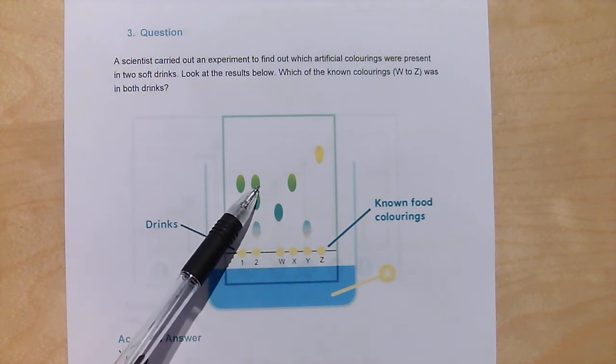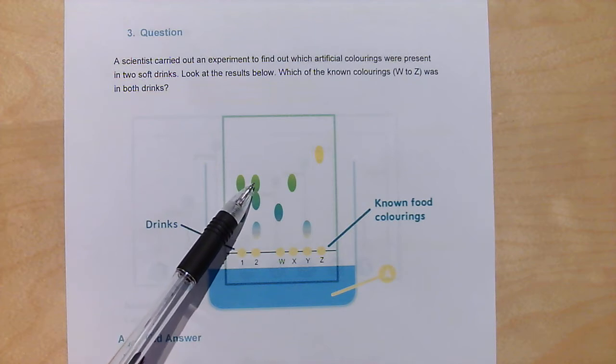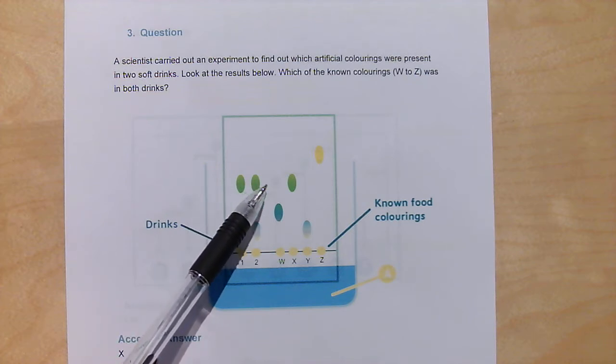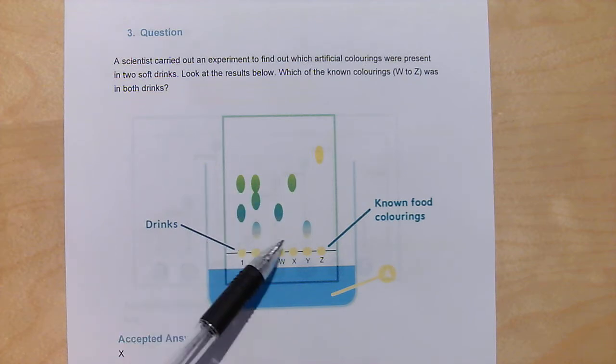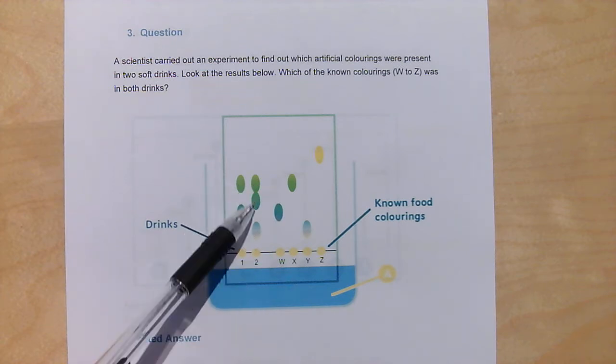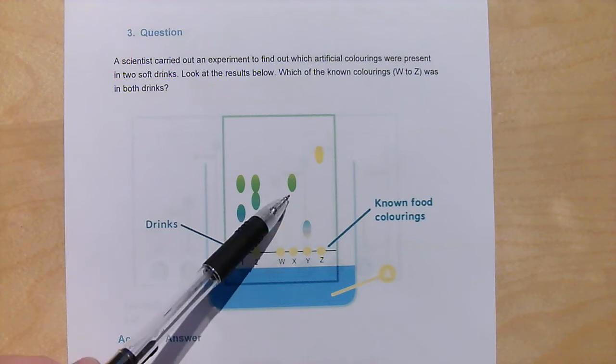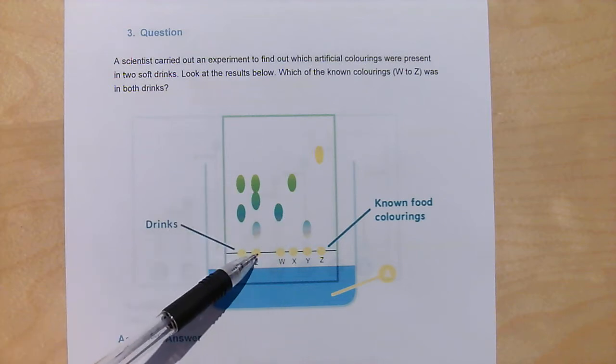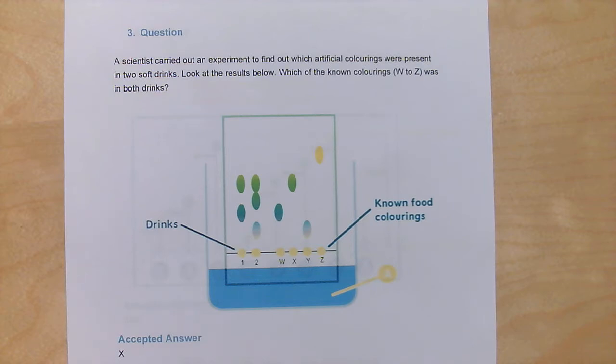Okay, and drink 1 and drink 2 had a dot that was in line with X. So X is the answer, because you can see that I've got a dot there that lines up with that dot. Okay, so X is present in drink 1 and in drink 2. Okay, so the answer for that was X.